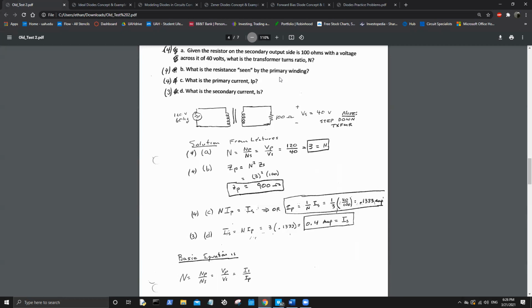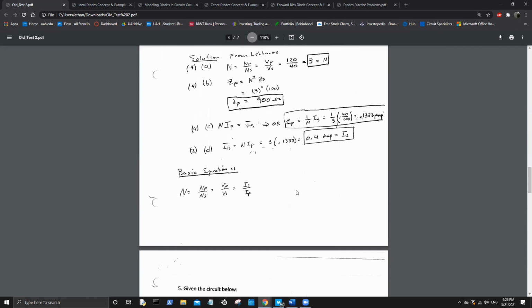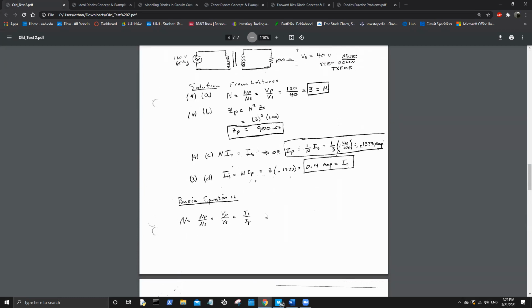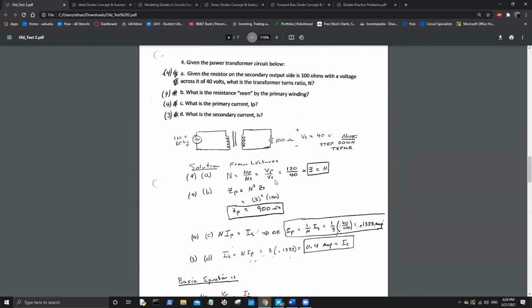It looks like it's basically three different applications of these ideal transformer ratios. And then D is what's the secondary current, which yet again is pretty basic. And then we have the basic overall equation, which can essentially be rearranged to do most of this, if not all of it.